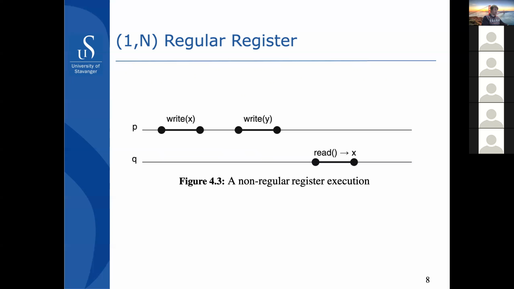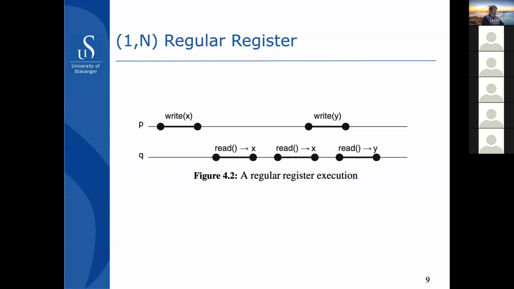Then we have another example with the same pattern, where two values X and Y are written, but another process Q doesn't read the last value written, because the last value written is this Y, but it reads the X. So this is another problematic execution.